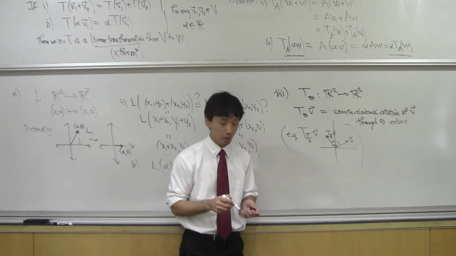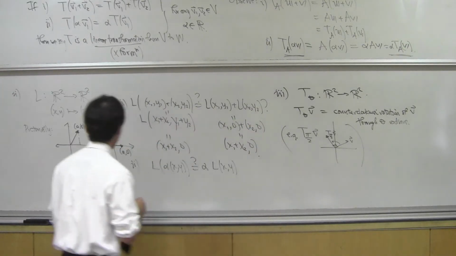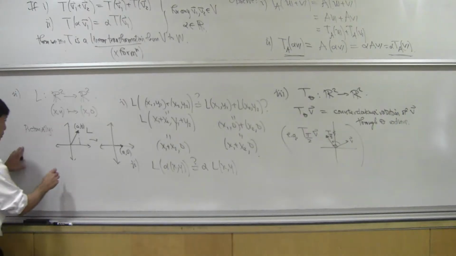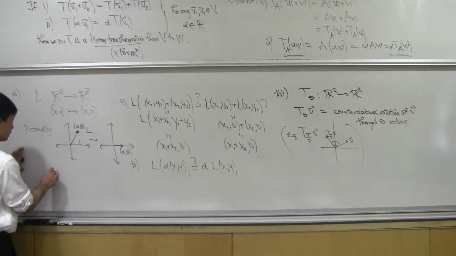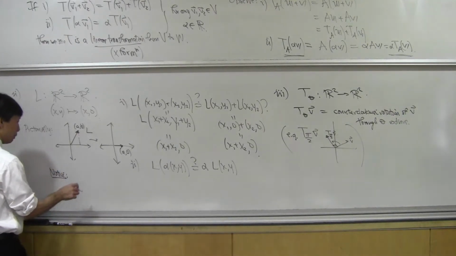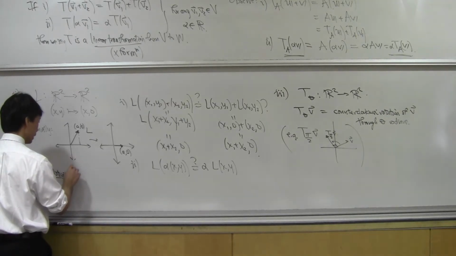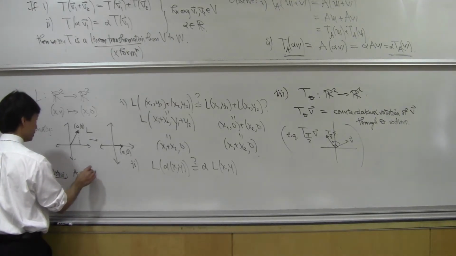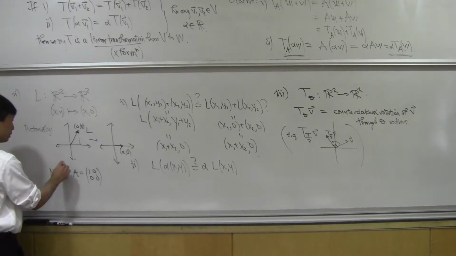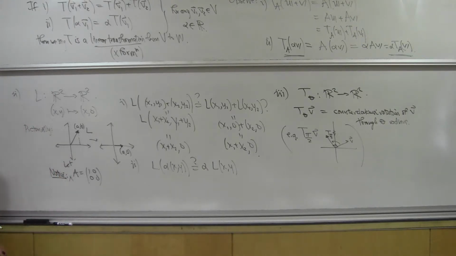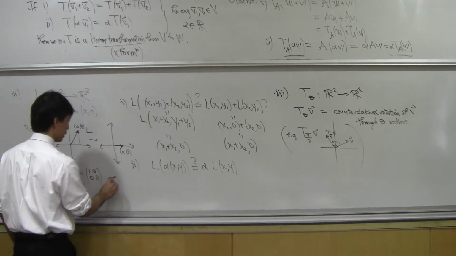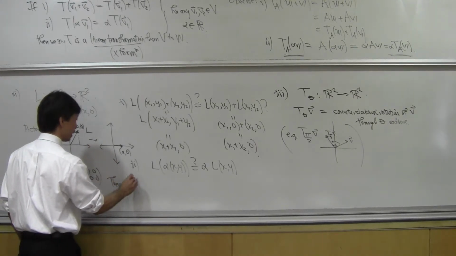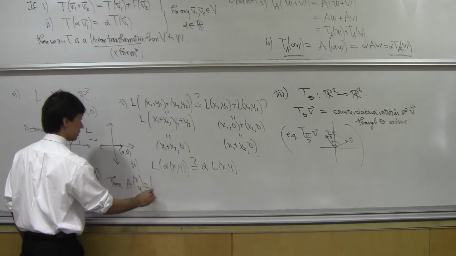Okay. Wait, I forgot to say something. Notice the map: if I let A be the matrix (1, 0; 0, 0), then A of (x, y) is (x, 0).